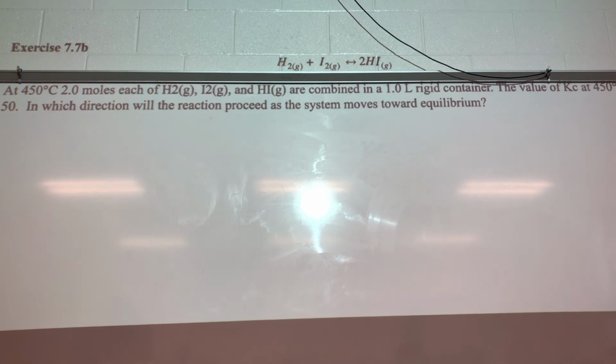Do we just say right, like right or left, or is there something more scientific? No, you can say any of those 3 ways if it's a free response. You can say proceeds left to right, goes forward or backwards, or makes more products or makes more reactants. So I've seen it written all 3 ways. Say east or west, I don't know which way. Maybe not east or west, north or south.